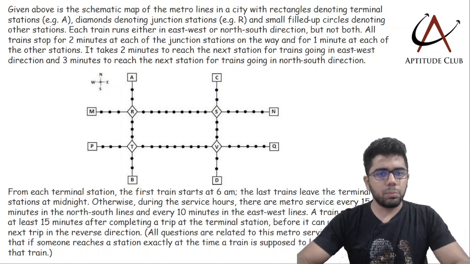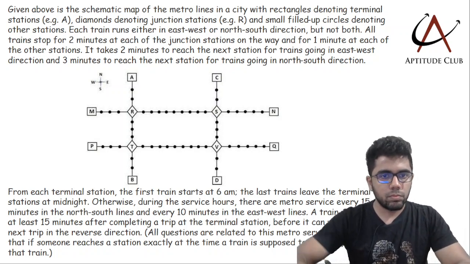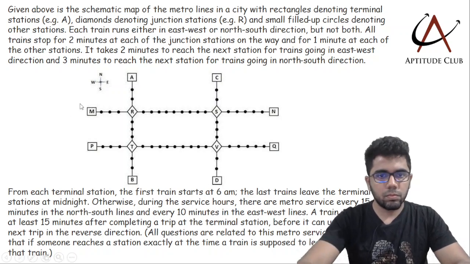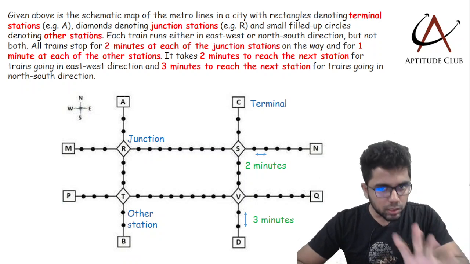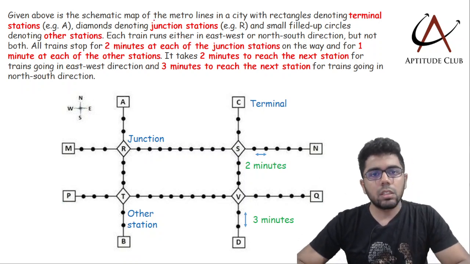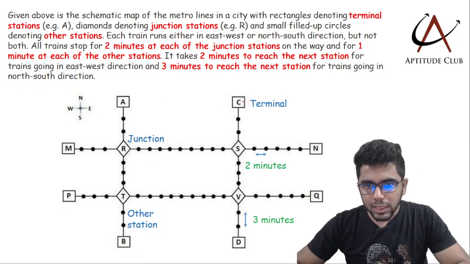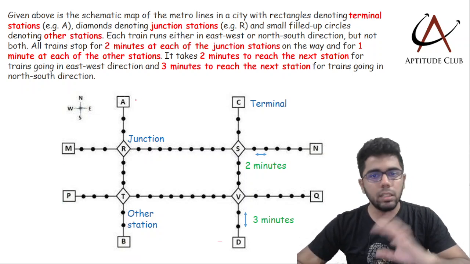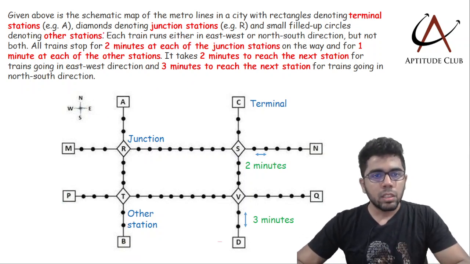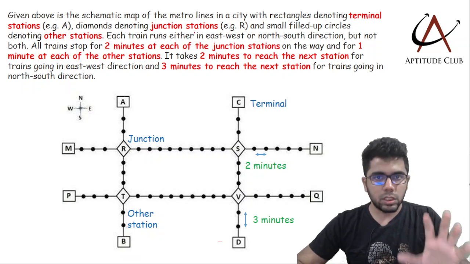So first, step 1. What is given basically? This diagram is a schematic map of the metro lines in a city, with rectangles denoting the terminals. So A, C, N, Q, D, B, P and M, 8 terminals I have. The diamonds are denoting junction stations.